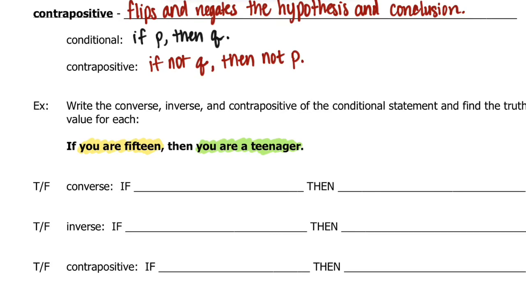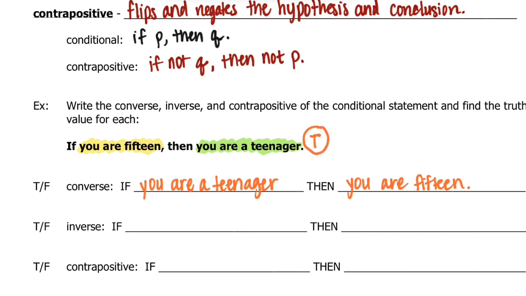And when I flip, the converse is going to be, if you are a teenager, then you are 15. Now I think that we can all agree that the original conditional statement is true. And I hope that we all agree that the converse, if you are a teenager, then you are 15, is most definitely false. Now the inverse is going to negate the hypothesis and negate the conclusion.